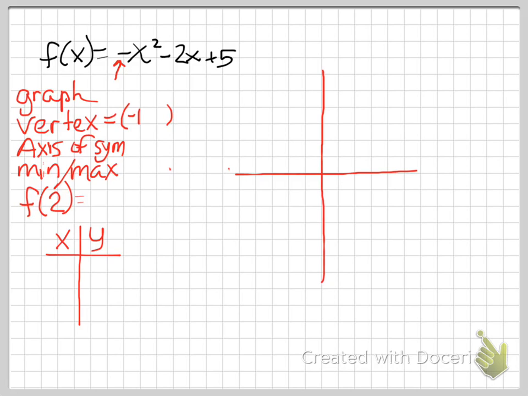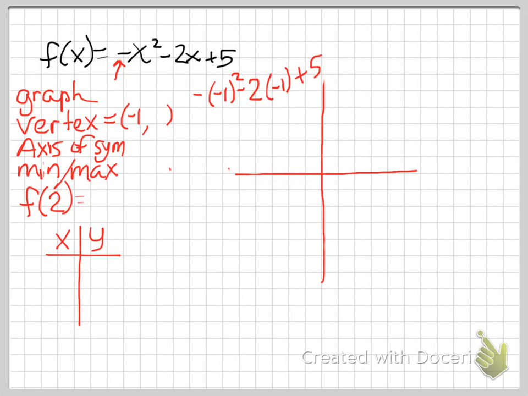I got to find my y. So I'm going to plug it in. So I have -1. Again, if you're using your calculator, which I encourage you to use on these so that you don't make simple errors, plus 5. Again, if you're using your calculator, type it in exactly like that.